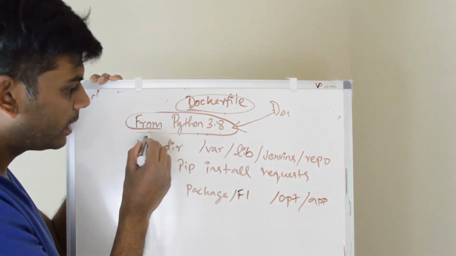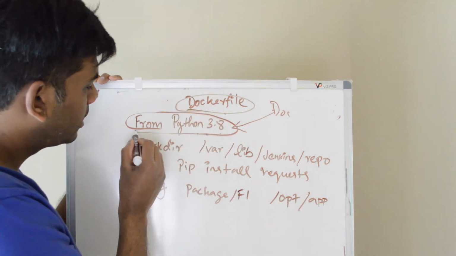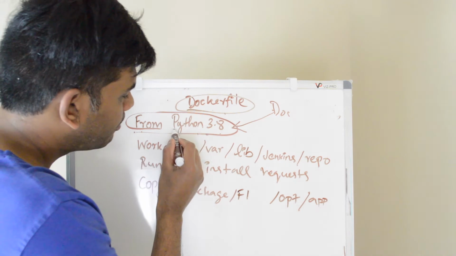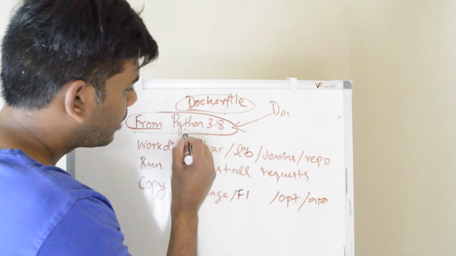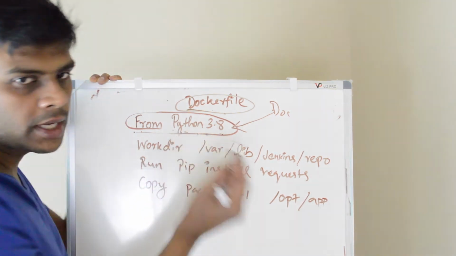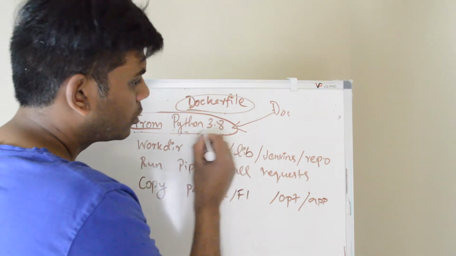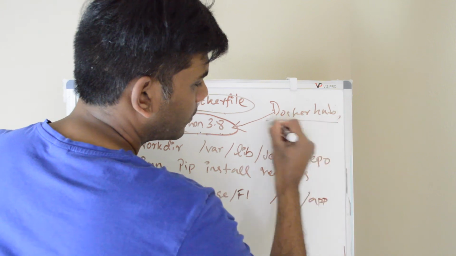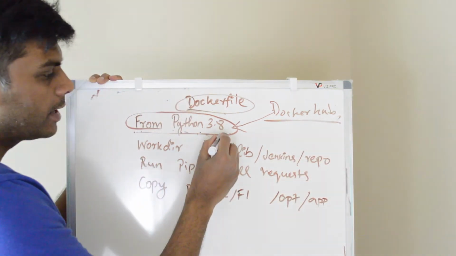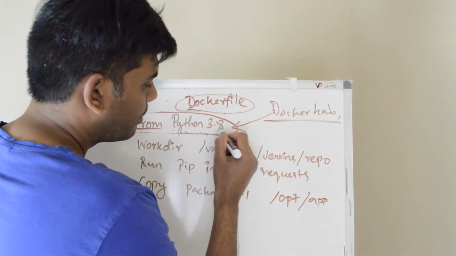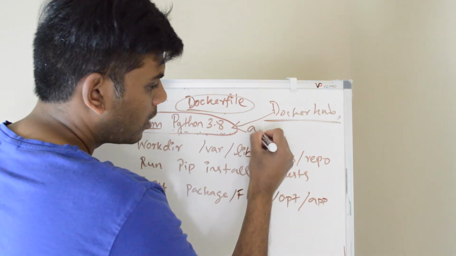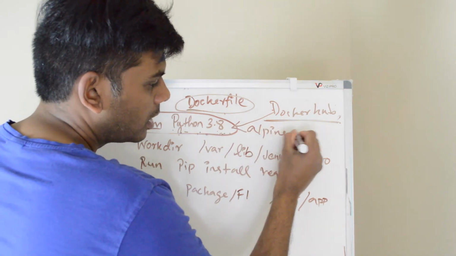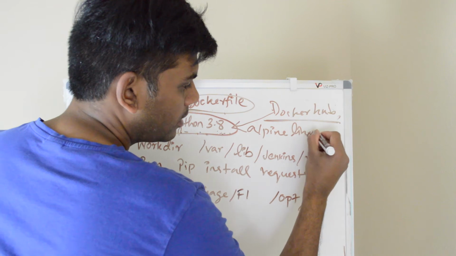So in the Dockerfile, he might say, okay, I need the base image to be Python 3.8. The base image could come from Docker Hub, and this is Python 3.8 installed on the Alpine Linux operating system, right?